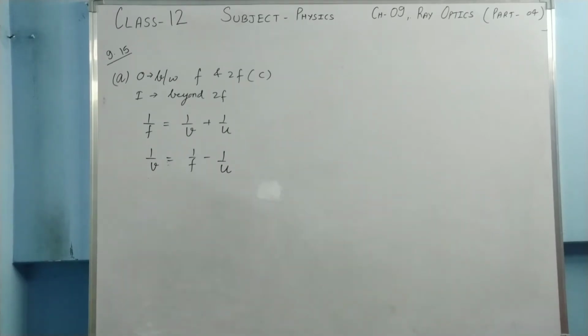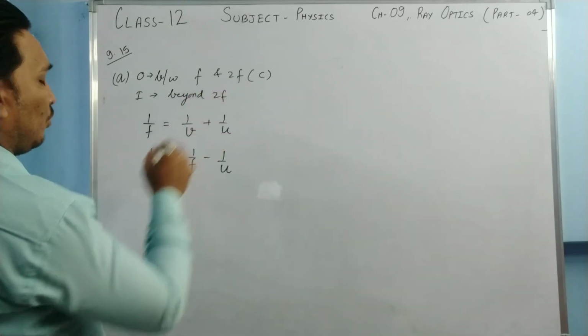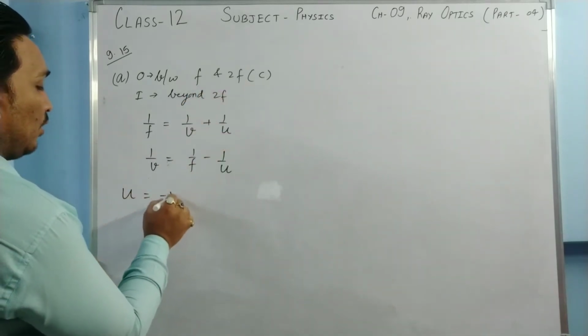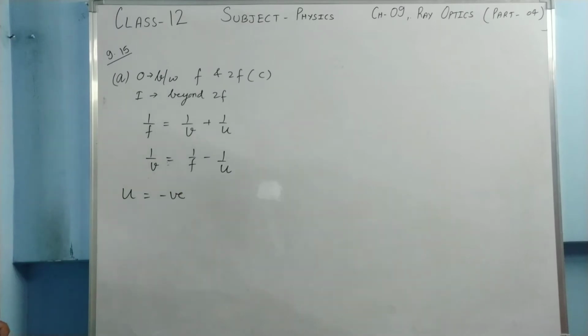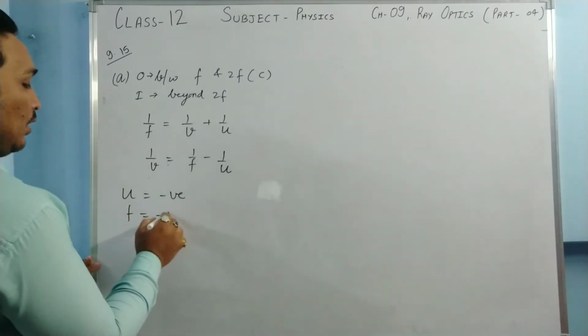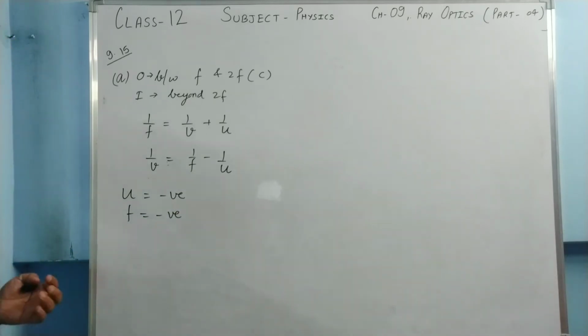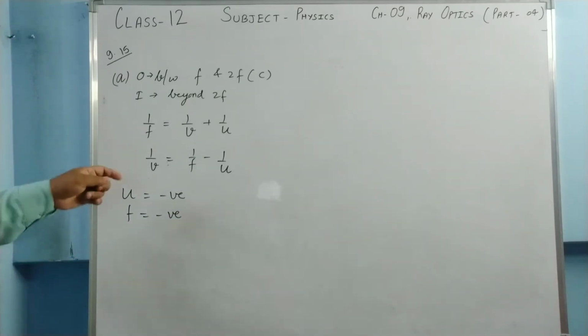Okay, very good. Now if we apply the sign convention over here, but remember, when the object is placed between f and 2f, its u has to be negative, and focal length is also negative. We cannot say about v, because for v we need to prove. Let us prove that.